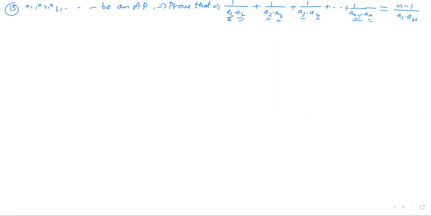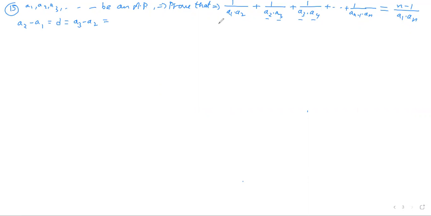Is there the same relationship throughout? If we find the difference between a1 and a2, it is equal to the common difference, and it is also equal to a3 minus a2.